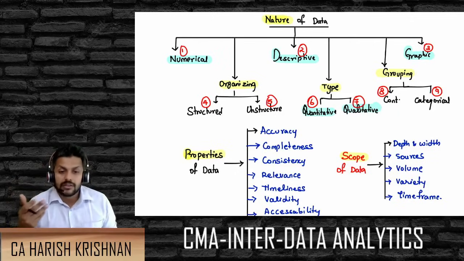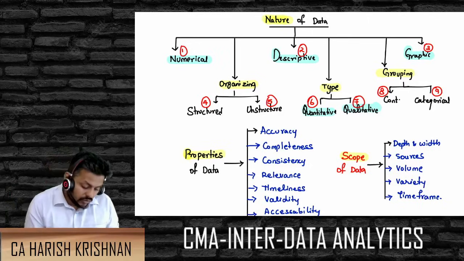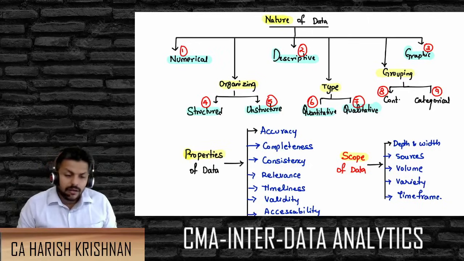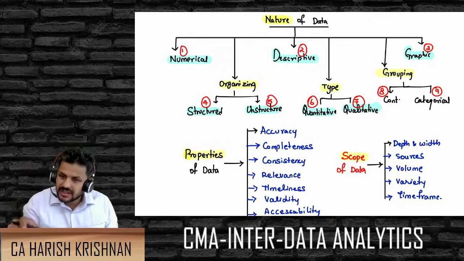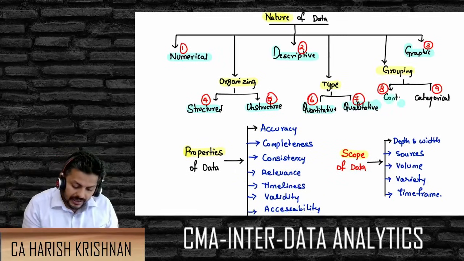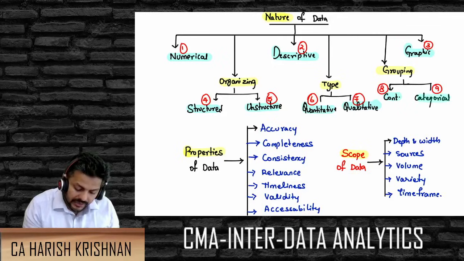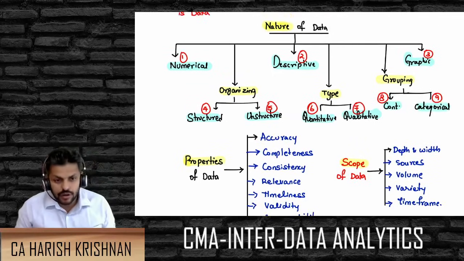A data that does not follow any kind of pattern is called unstructured data. And then based on the grouping, data will be called either continuous data, if it's a flow kind of data, or categorical data, if it's a specific group. So basically these are all the various types of how data is classified. That is the nature of data.